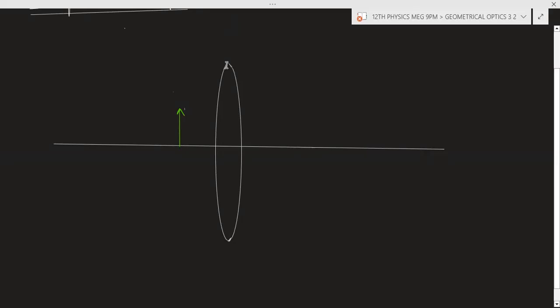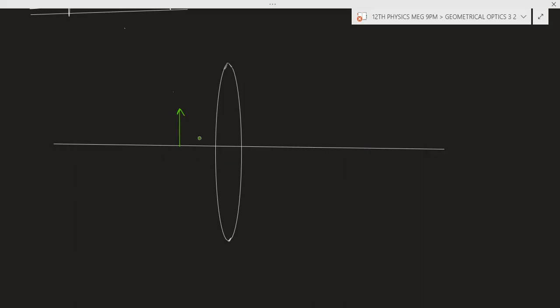This is the convex lens in case of the simple microscope, and this is the object that you want to see in the simple microscope. So how does the simple microscope work basically?